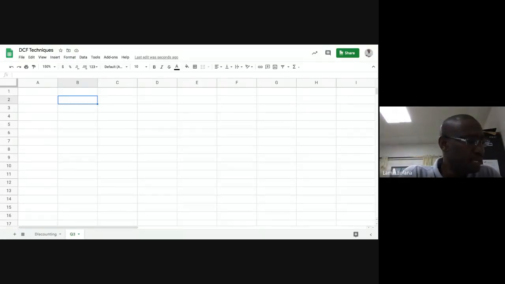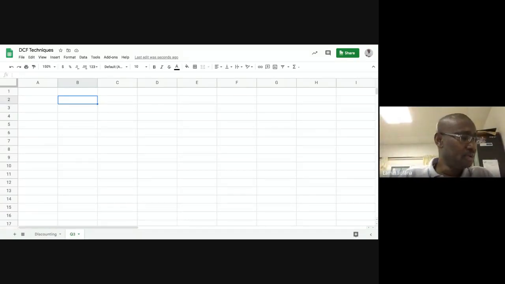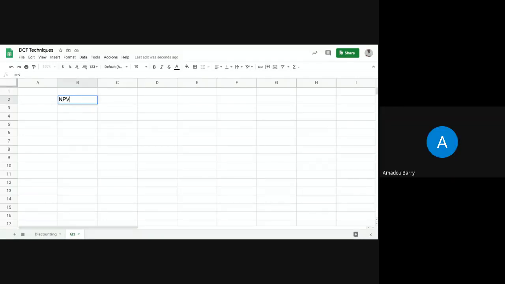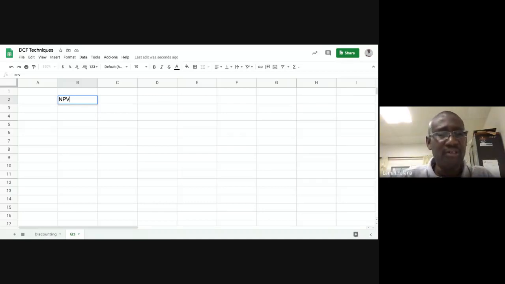Using 2 decimal places in all discount factors, complete the following table to calculate the net present value of the project at a cost of 16.5. Okay? So let's do it together. So we complete the table. So we'll say, is it 6.5 or 16.5? 16.5, sorry, 16.5 NPV statement.